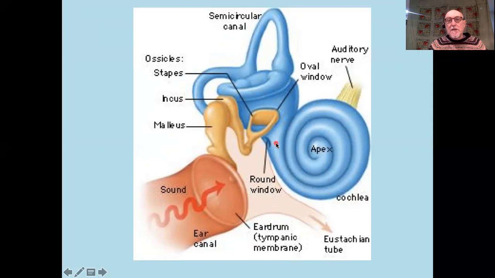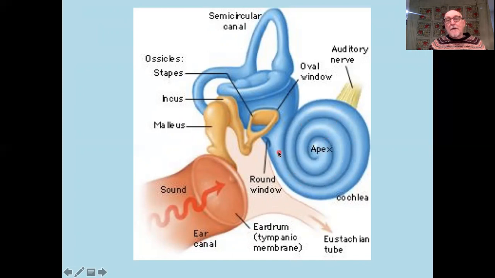And I'll just tell you right now that the hearing structures in the cochlea are structured so that you hear high-pitched sounds here at the beginning of the cochlea, and you hear low-pitched sounds down near the end of the cochlea.